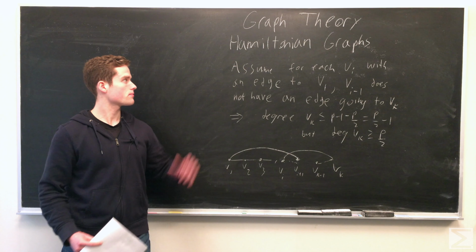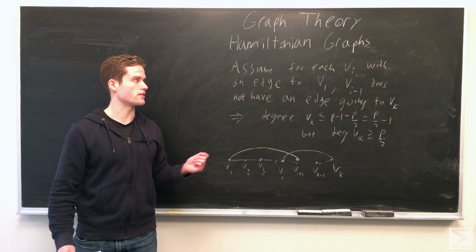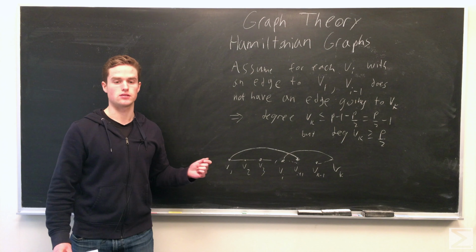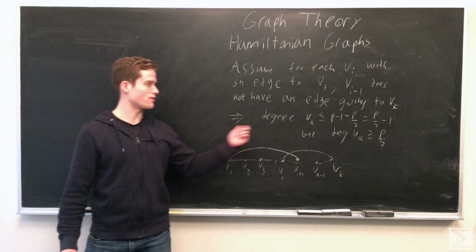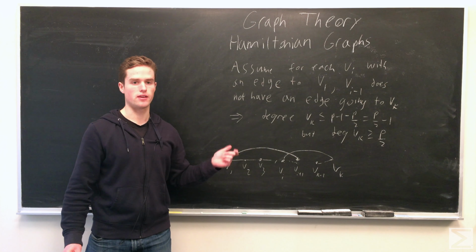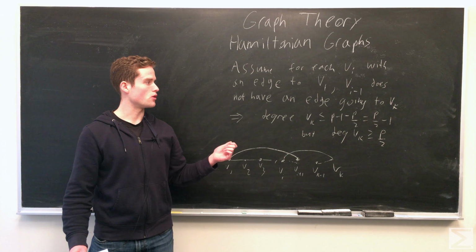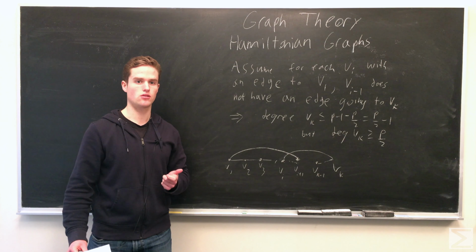In our path, V1 we know is connected to so many Vi's, and we assume that for each such Vi, Vi minus 1 does not have an edge going to the final vertex Vk. Therefore, for the degree of Vk, we take out all these Vi minus 1s, because there are P over 2 Vi's connected to V1. There must be at least P over 2 different vertices that Vk cannot be connected to.